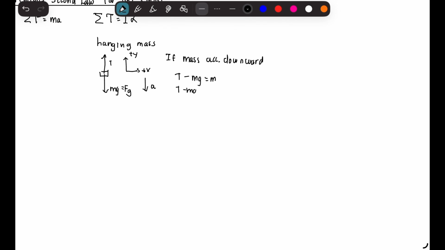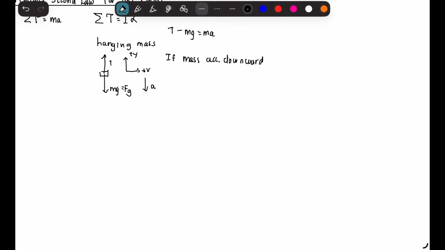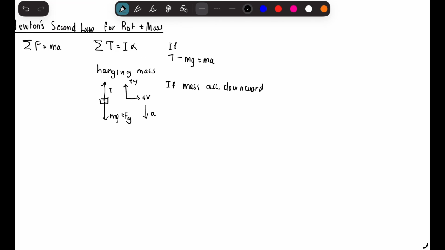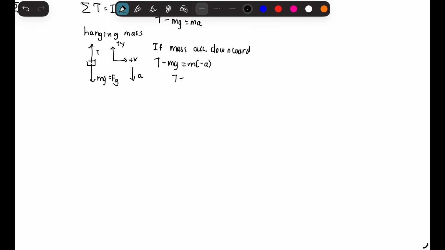T minus mg is for if it's accelerating up. So you can rewrite this as T equals m(g minus a).